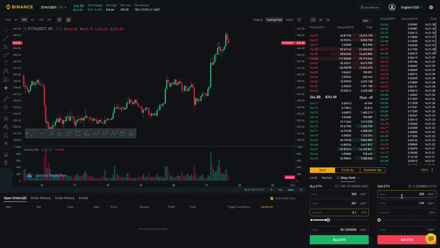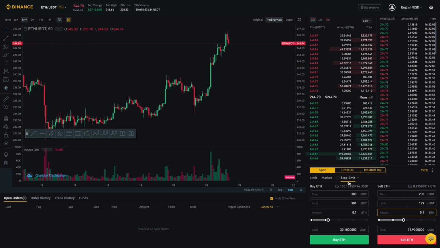On the flip side, if Ethereum goes below $200, I'm willing to sell it for $200 down to $199, and it'll automatically sell.